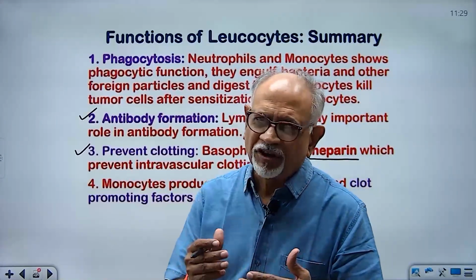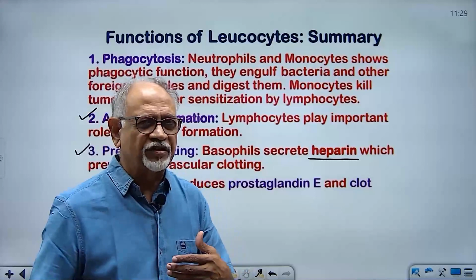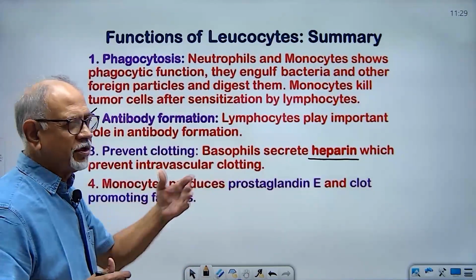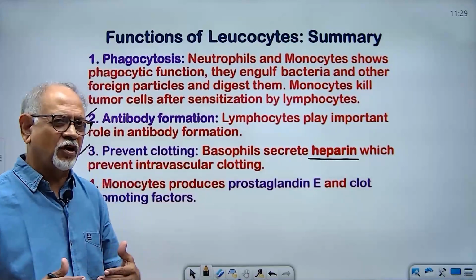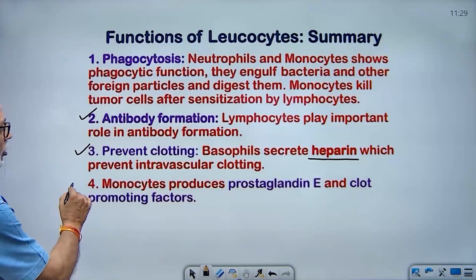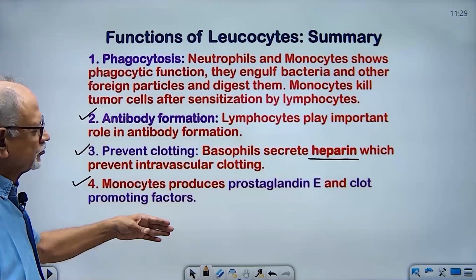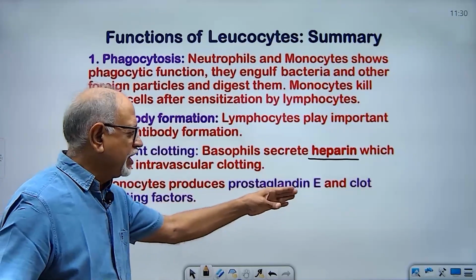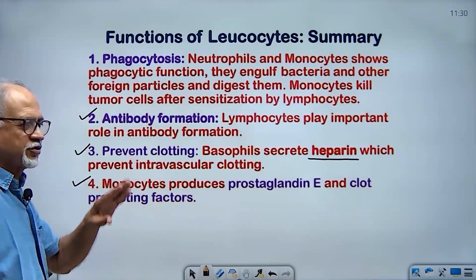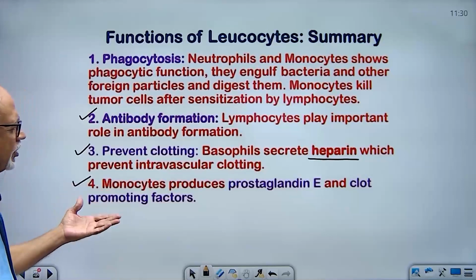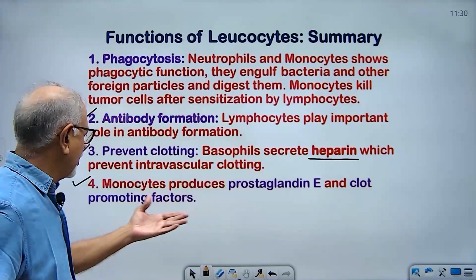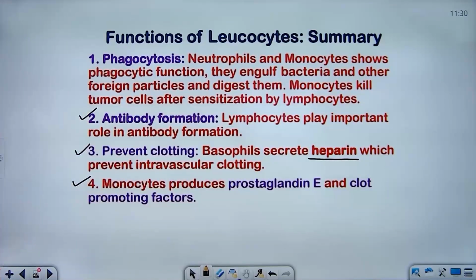And when a clot is formed inside the circulatory system, it is called a thrombus. So, the heparin prevents formation of clot inside the circulatory system. Then, monocytes produce prostaglandin E and clot promoting factors. Now, the monocytes have this property, they secrete prostaglandin E and clot promoting factors.